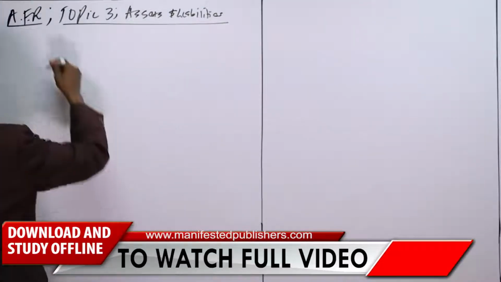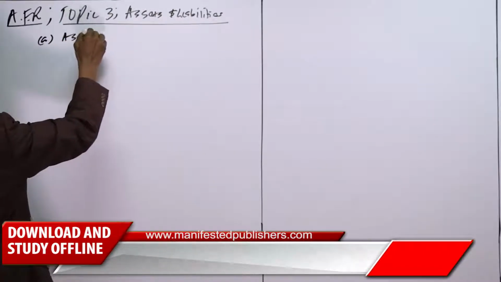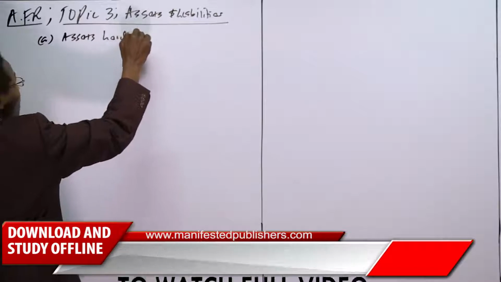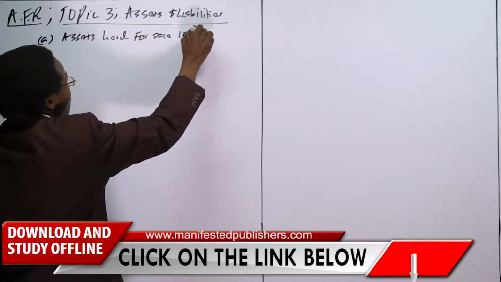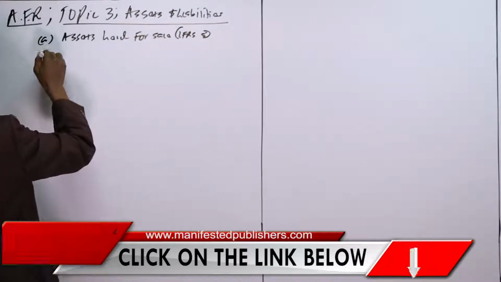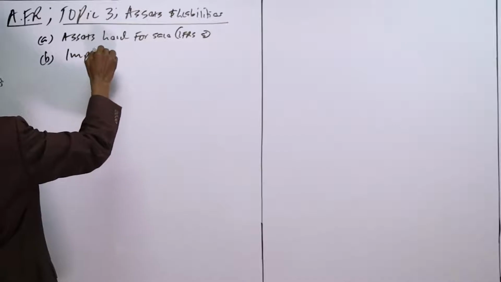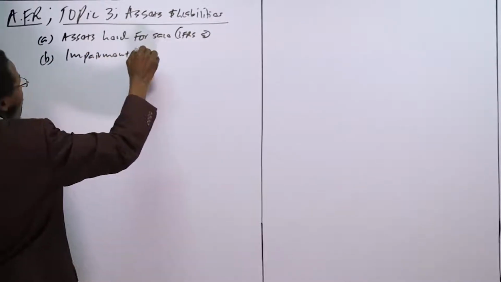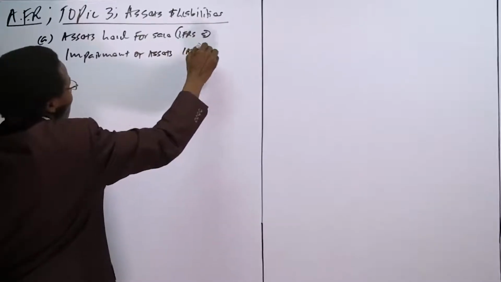We have talked about assets held for sale, which is under IFRS number 5. We have also looked at the impairment of assets. Friends, this was IAS 36.